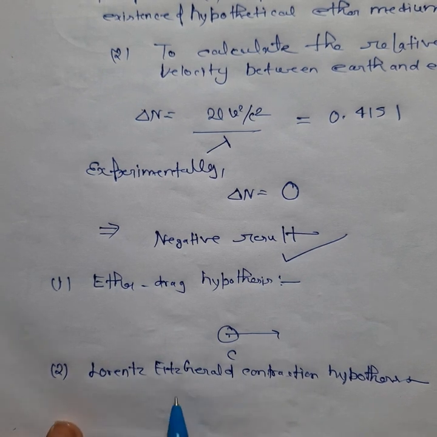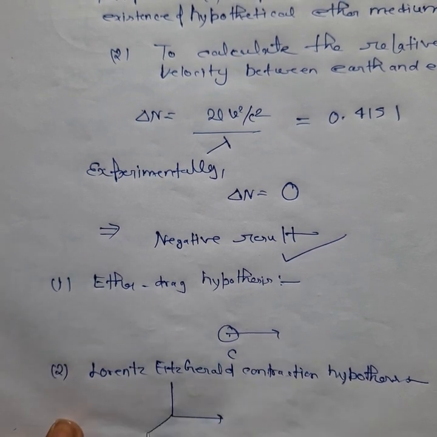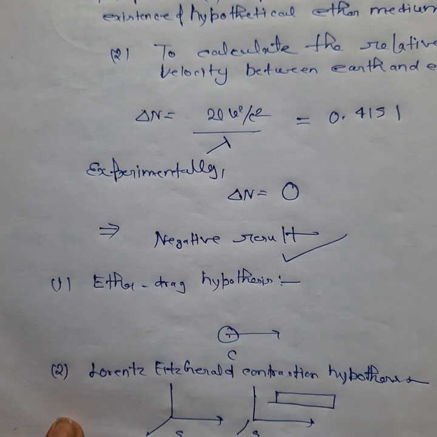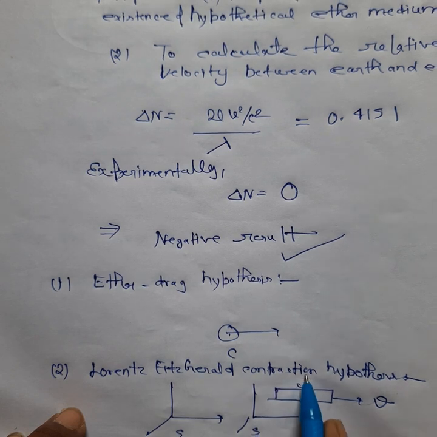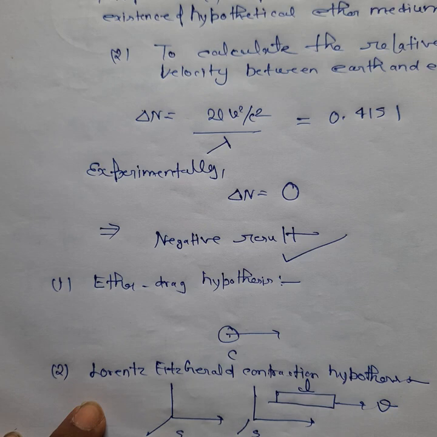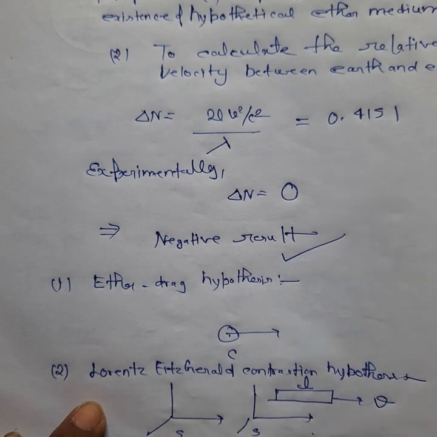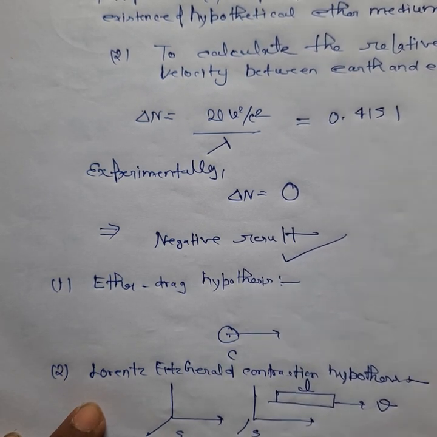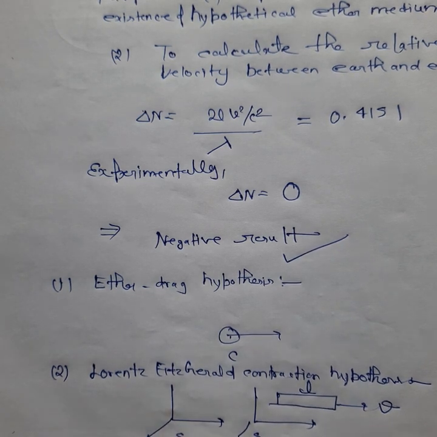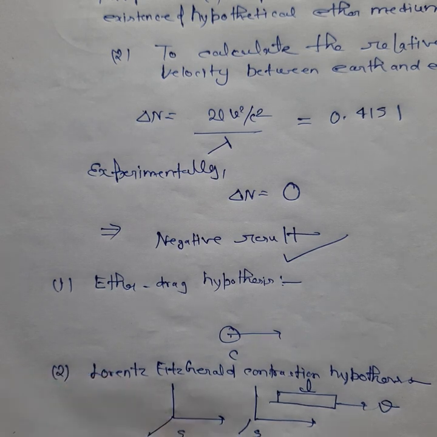According to this hypothesis, if there are two frames of reference S and S dash, and one body is moving with some velocity v, and its length is L, then according to this observer its length will appear as L dash equal to L root of 1 minus V square by C square. It means the observer at rest will observe a contracted length of a body which is moving relative to this observer.